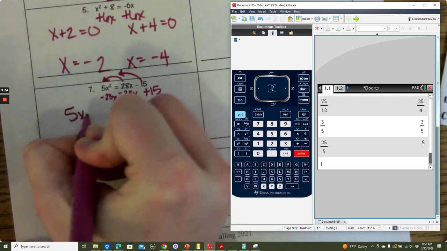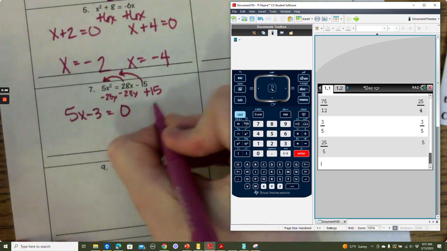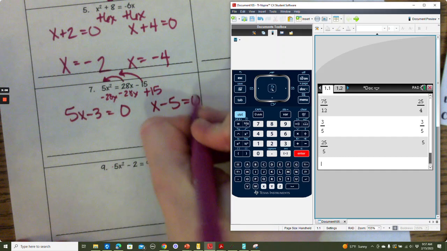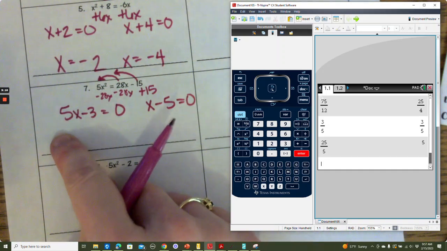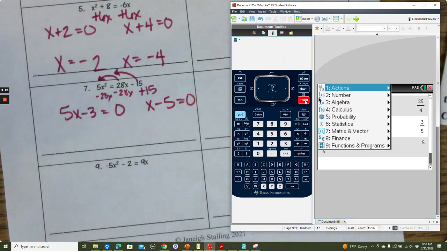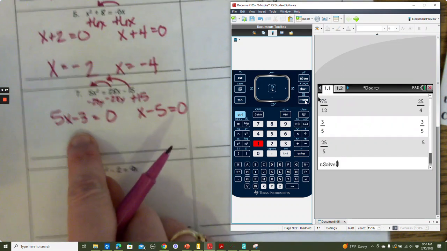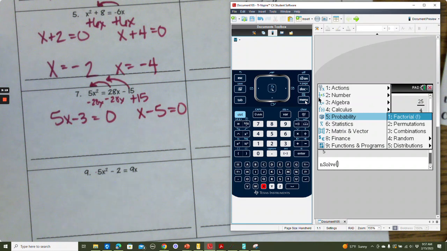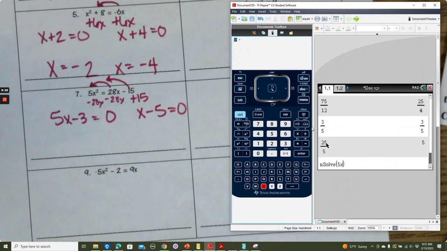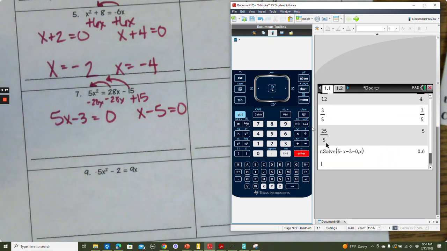So I'm going to take my factors and I'm going to set them equal to 0. And here's where the menu 3-1 comes in handy. When they're not the basic equations, x plus 2 equals 0, it makes these easier. So 5x minus 3 equals 0, comma x, and then I want it to be, I don't want decimals, I want fractions.